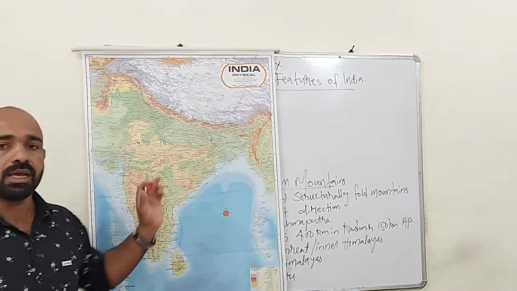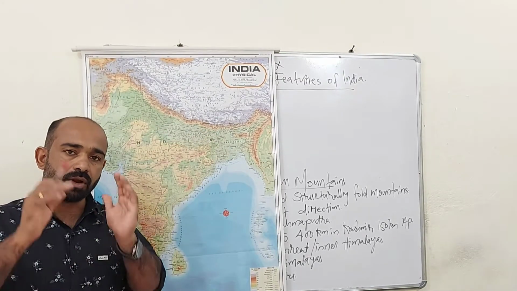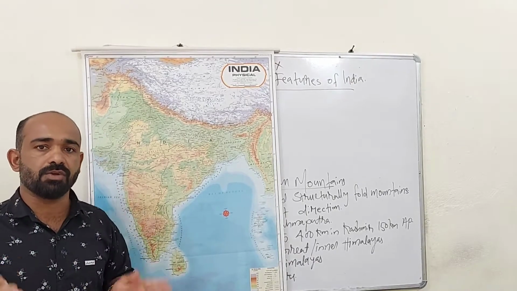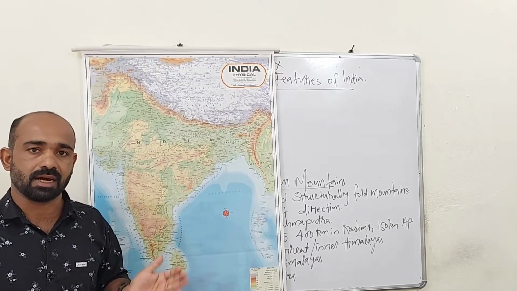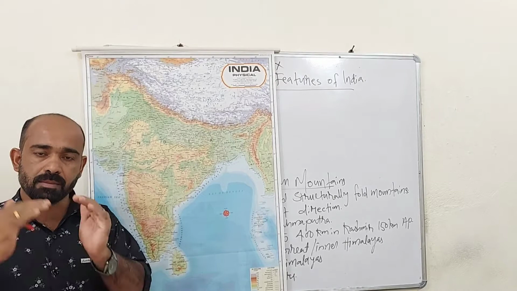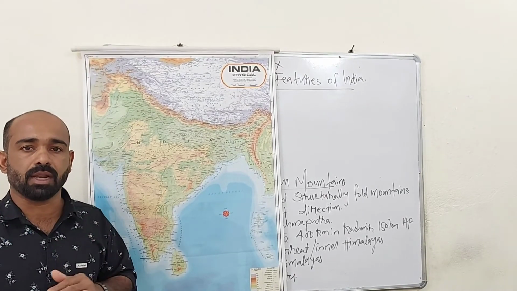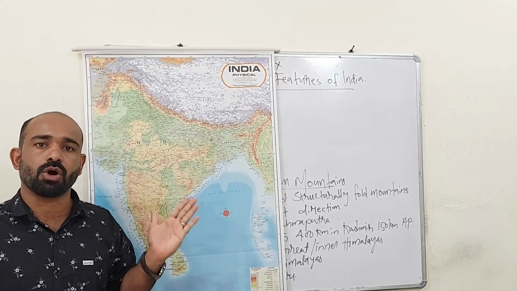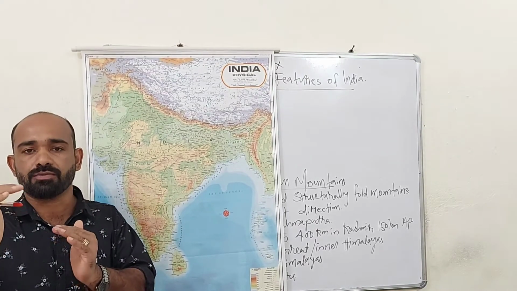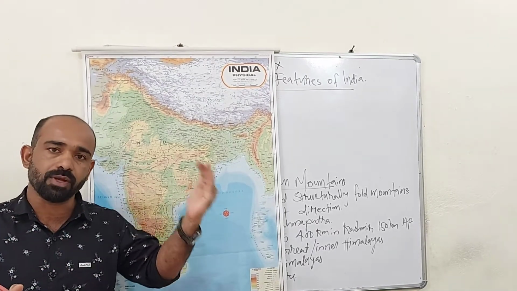We know that the Himalayan mountains are geologically young and structurally formed. Already we have seen in class why they are geologically young, because they are just 65 million years old, formed as a result of the collision of the Indo-Australian plate with the Eurasian plate.